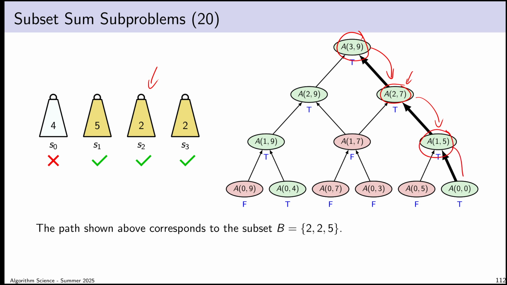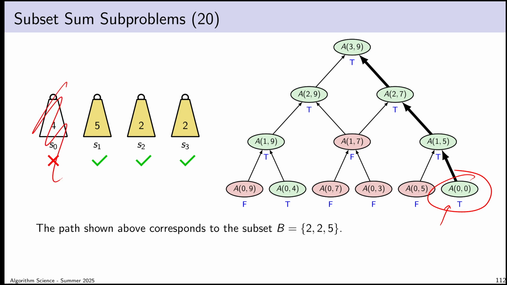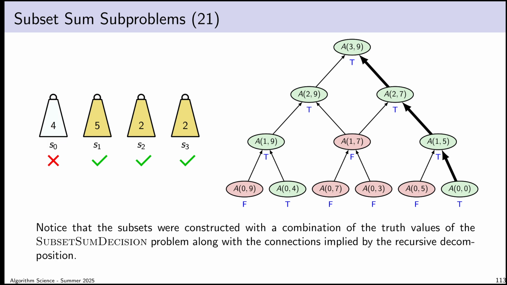A15 has definitely a bigger goal sum than A00, so S1 is in, and then I hit A00. This is that special base case for k equals 0. A00 is the base case corresponding to the empty set. And of course, I don't need to include S0 to come up with a sum of 0. So A00 is true and I do nothing at that point. So that path corresponds to the subset 2, 2, and 5.